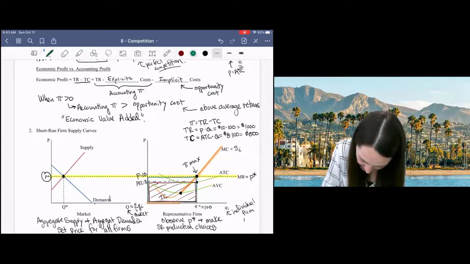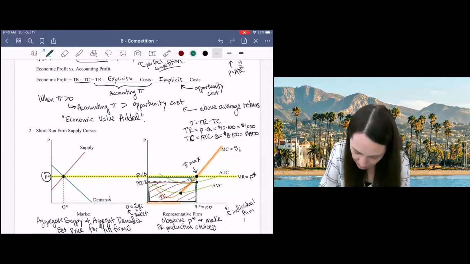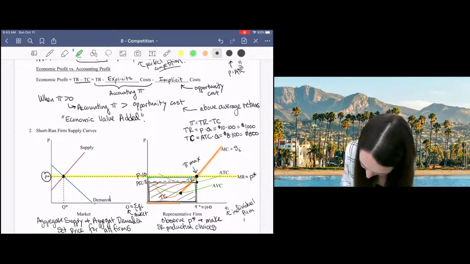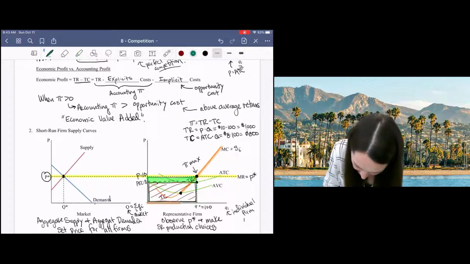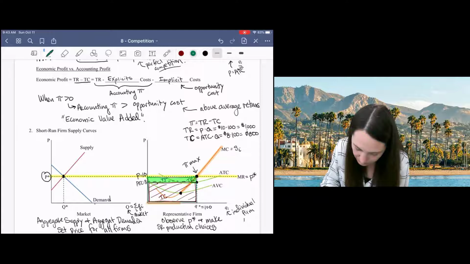The big green rectangle would be your total revenue. And then when I subtract, what I'm left with, right, is just this area where total revenue exceeds the area of total cost. That area is your profit.